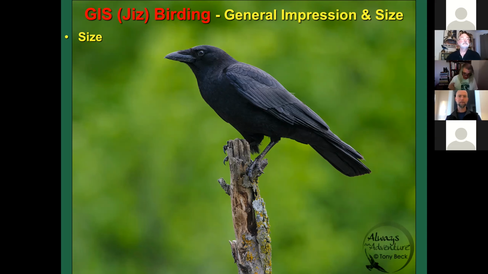So, identifying things by your first impressions. One of the first things you should notice is the bird's size. And the best way to judge size is by comparing to species that you're already familiar with. So a small bird like a chickadee, everybody's familiar with that. So if it's smaller than a chickadee, maybe it's a kinglet or maybe a brown creeper.